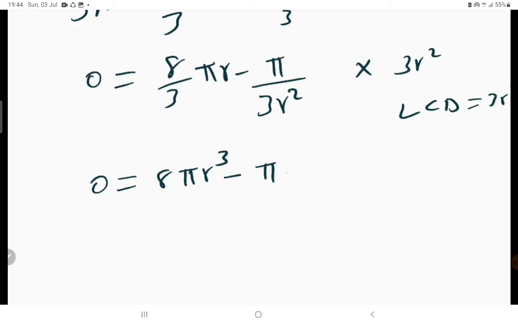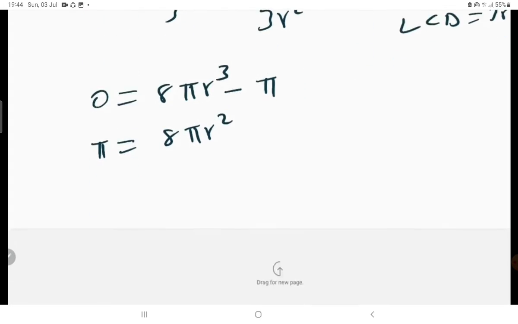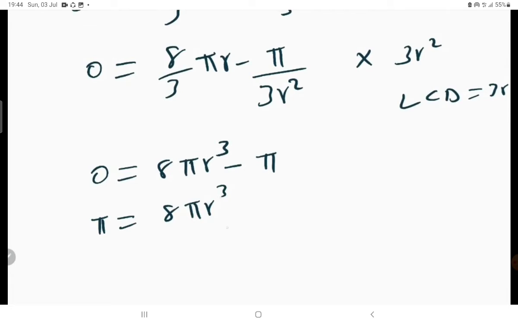If you take this pi to this side, you'll have pi is equal to 8 pi r cubed, basically. Then we say r cubed is going to be equal to 1 over 8, of course, because pi and pi are going to cancel each other. Then we have r being equal to just 1 over 2.